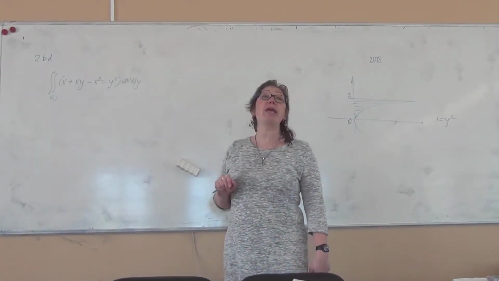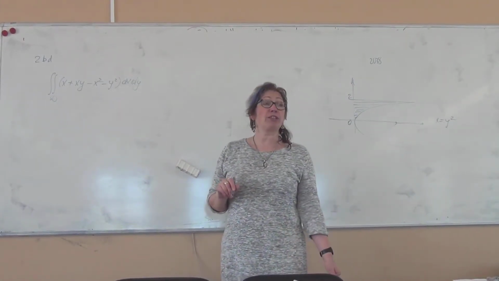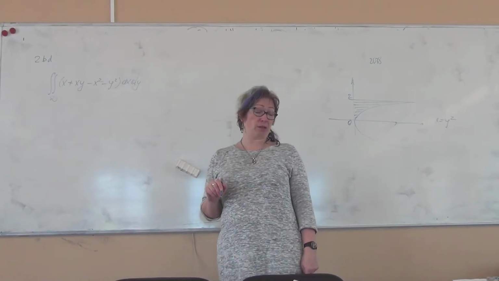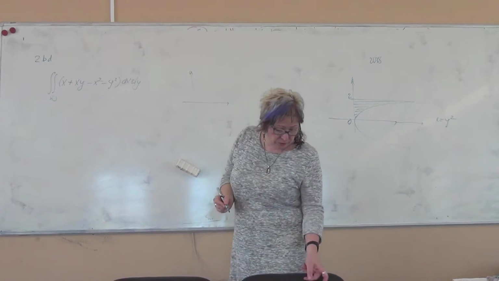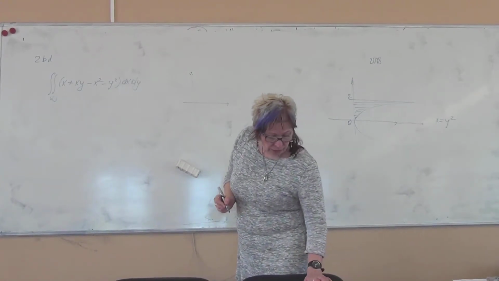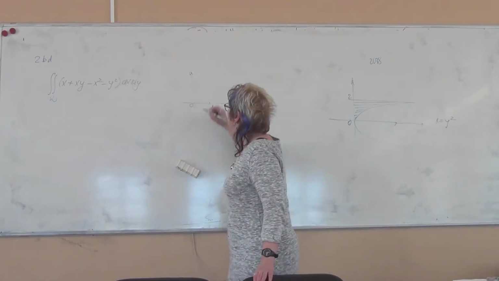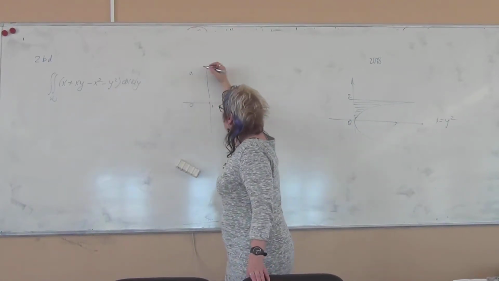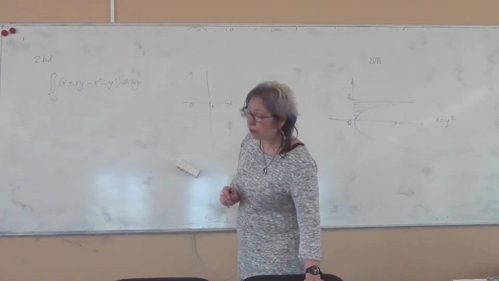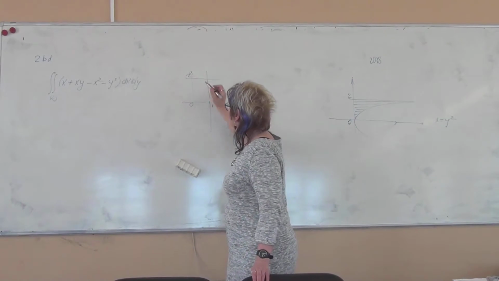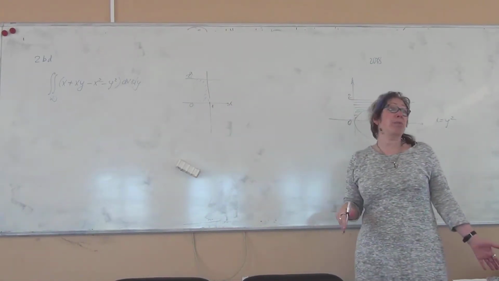If you look at 2b, the region of integration given in the task, we see that it's a rectangle. X between 0 and 1, and y between 0 and 2. So this is the region of integration, a very simple one.